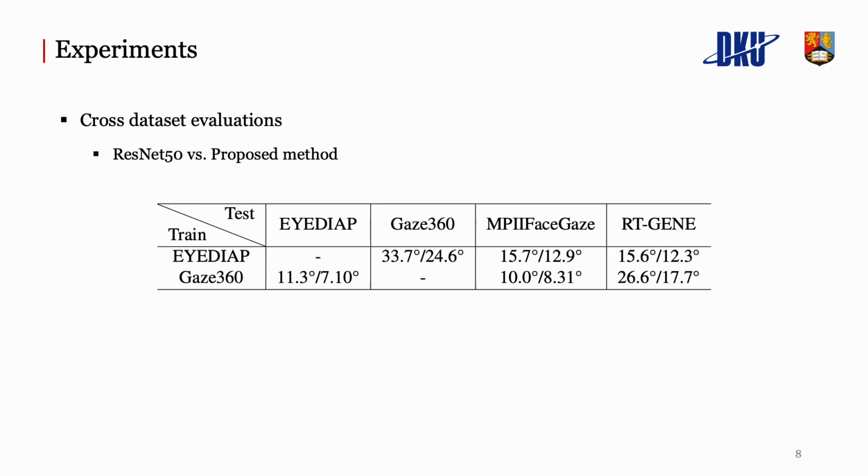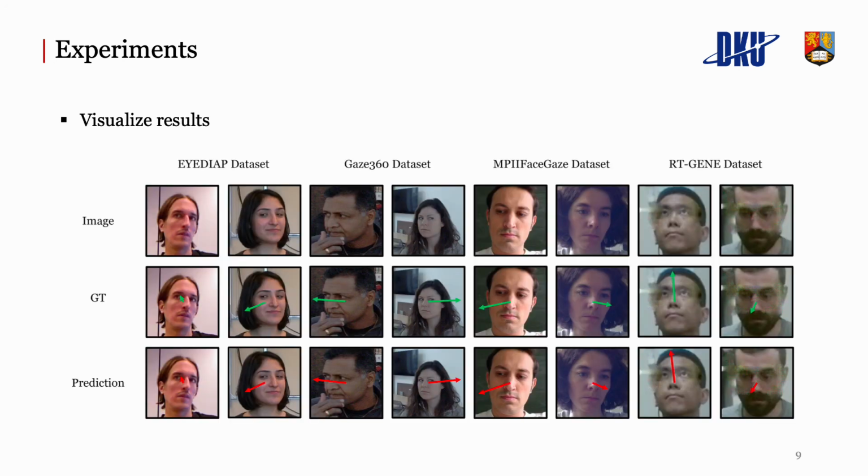As we expected, generalization performance is increased on never-seen subjects. And finally, this figure shows the visualization results of ground truth and our model's prediction. As you see, the model seems to work well at various head scales and gaze angles.